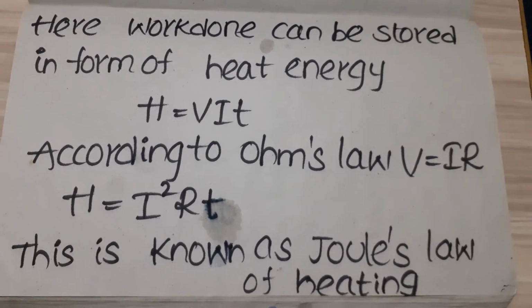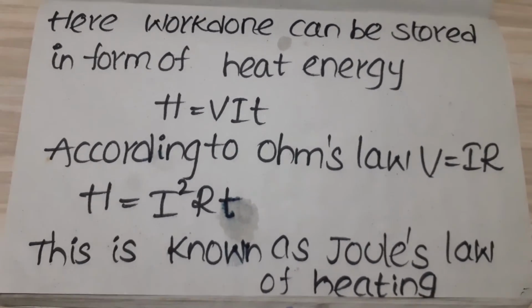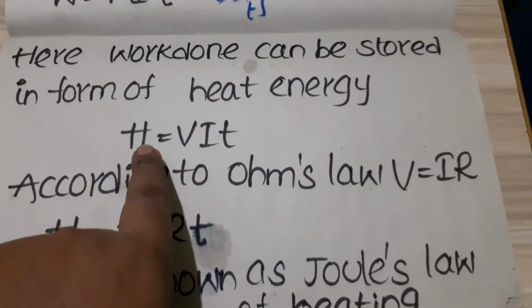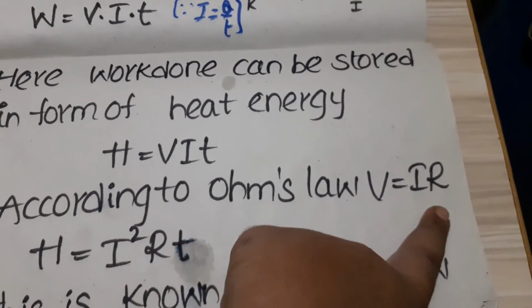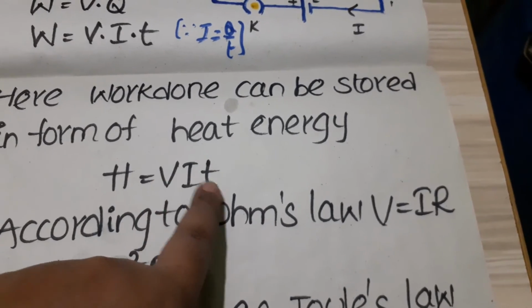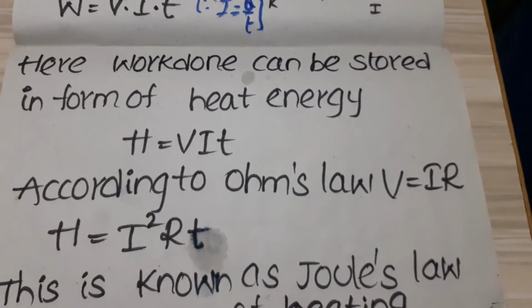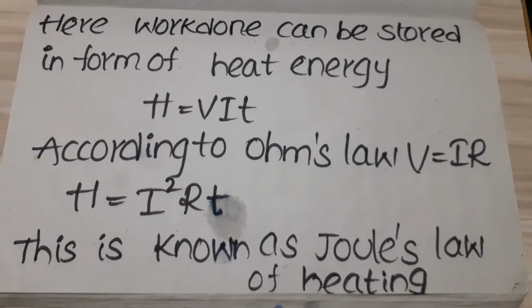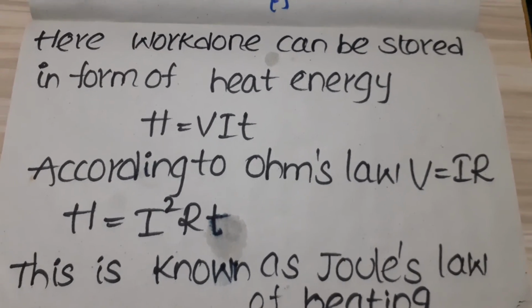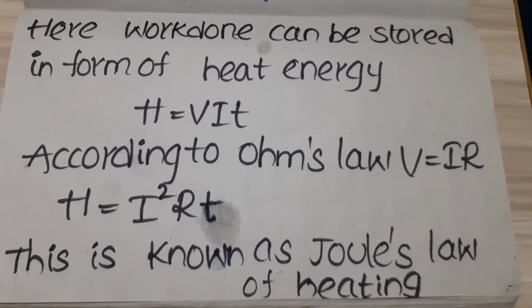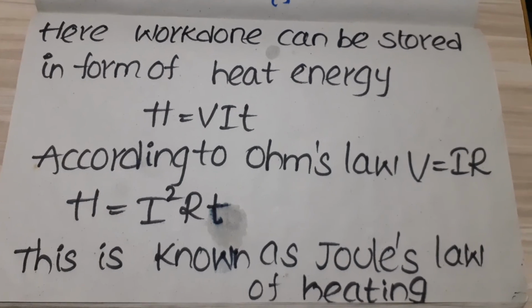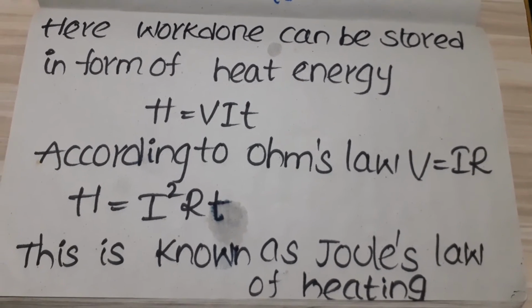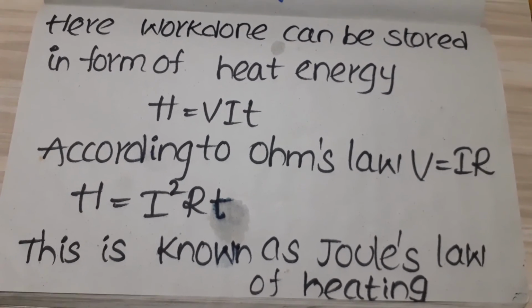According to Ohm's law, V equal to IR. Substituting V equal to IR, IR into IT, its value is I square RT. This is known as Joule's law of heating. It was proposed by the scientist Joule.